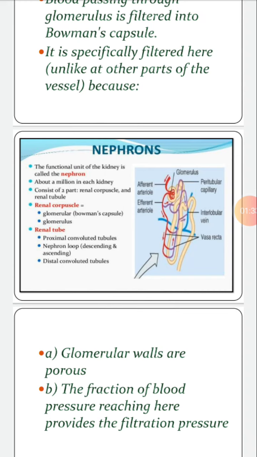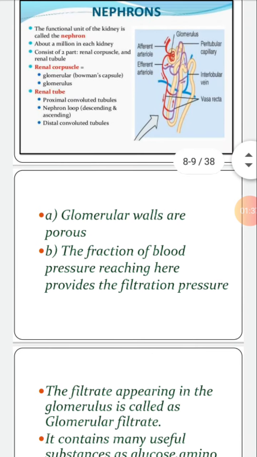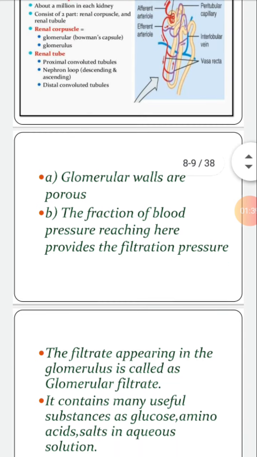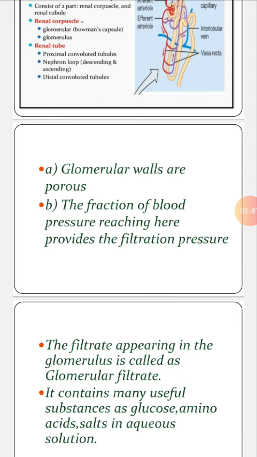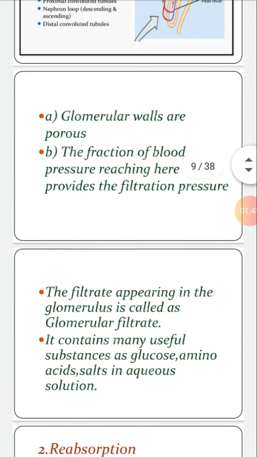The fraction of blood pressure reaching here provides the filtration pressure. So filtrate can easily move. The filtrate appearing in the glomerulus is known as glomerular filtrate.